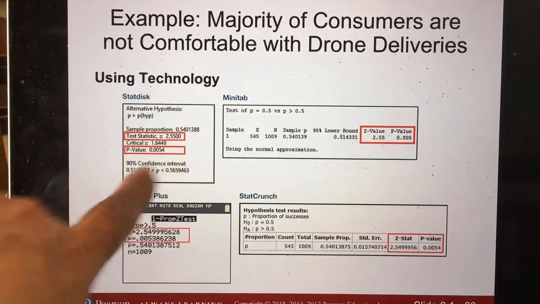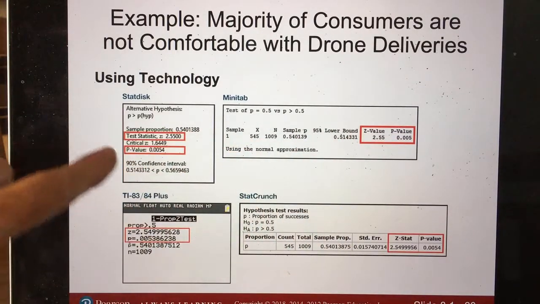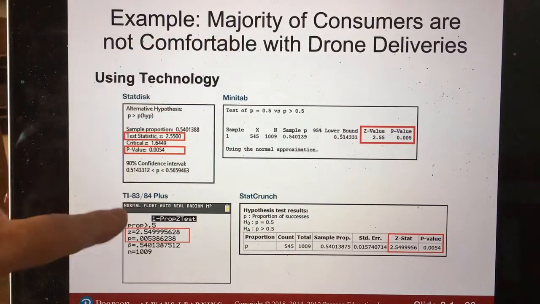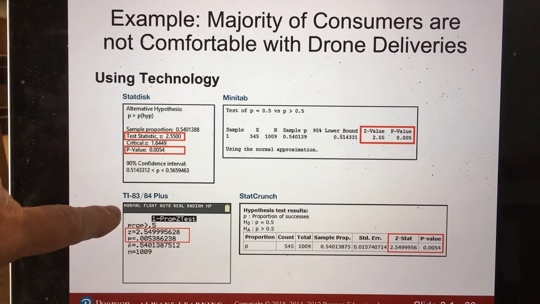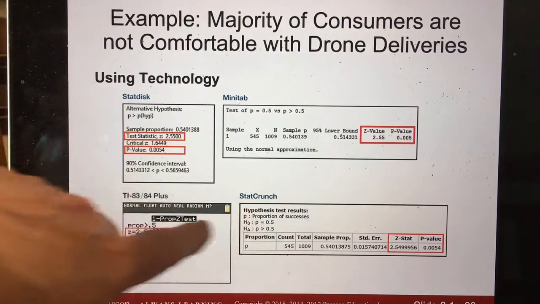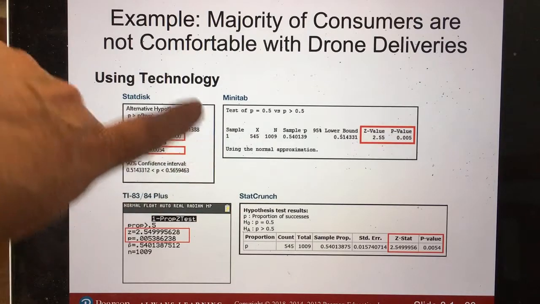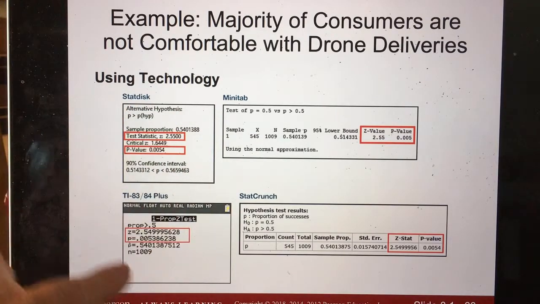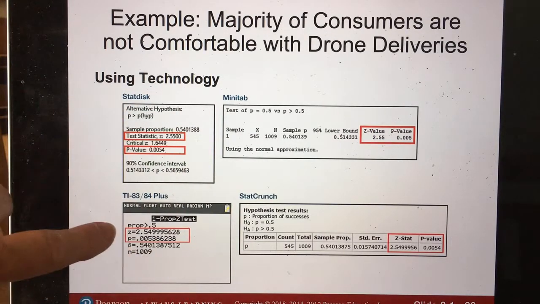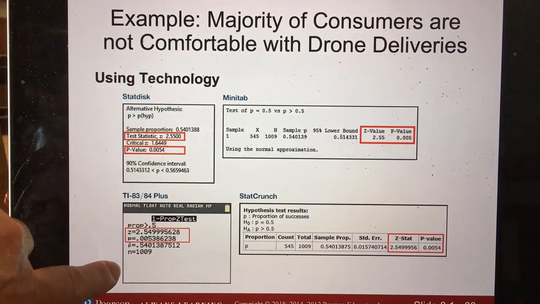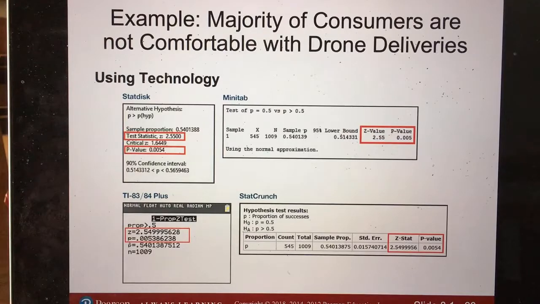So now you can see the 4 screens that we were talking about. Here's StatDisk, Minitab, TI-83/TI-84, and StatCrunch, okay? The only ones that we've used were StatDisk and TI-83/TI-84. We're going to be doing this with the TI-83/TI-84 because that's the one you have access to during the test.